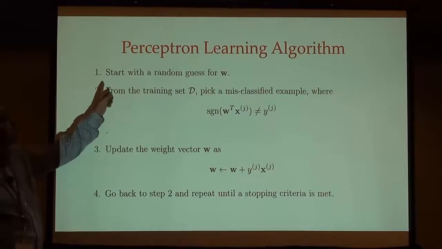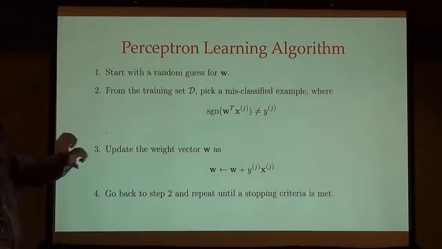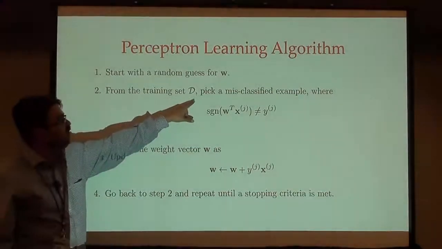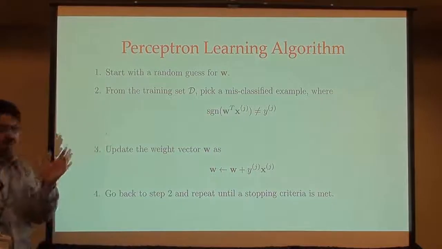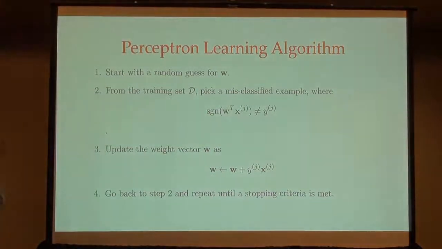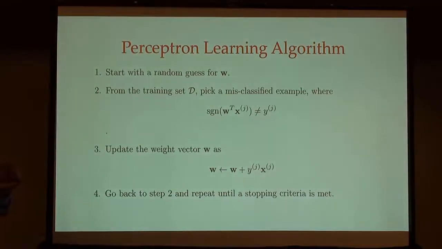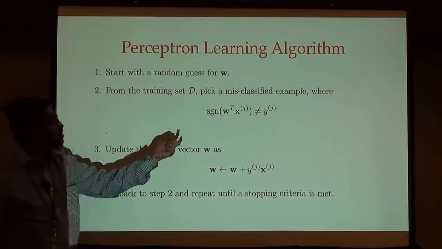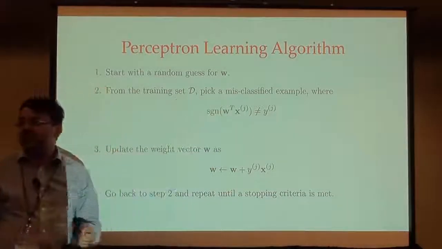Okay. So you start with a random guess for the weights W. Then from the training set D, you pick a misclassified example. So you check every example, its sign. You can put it in the linear equation, whether it's positive or negative. You can check the sign. So you pick one of the examples that are misclassified.